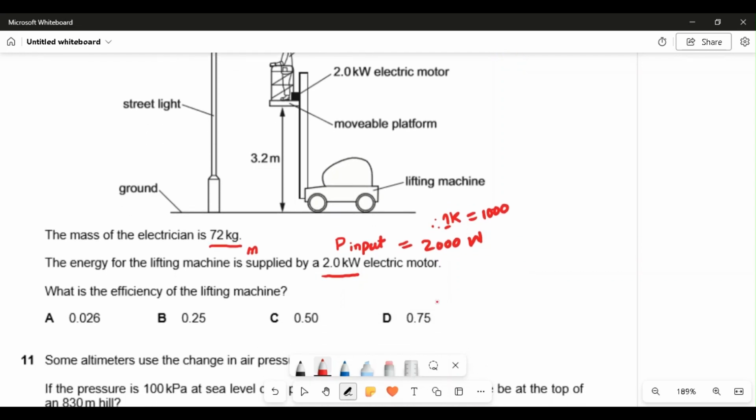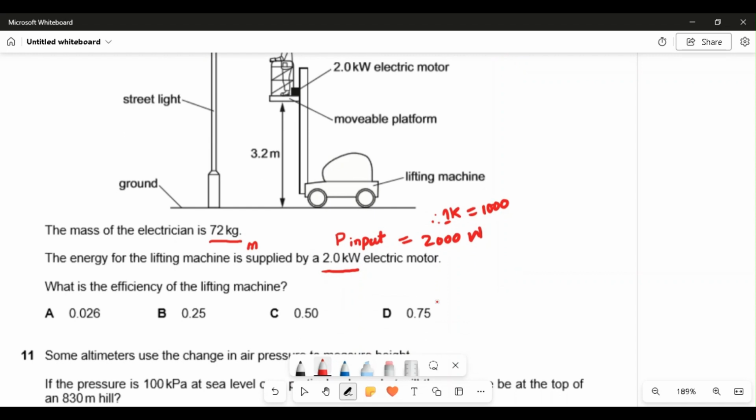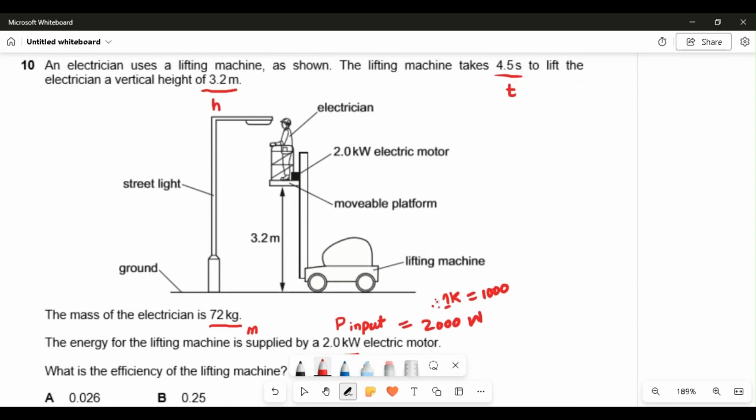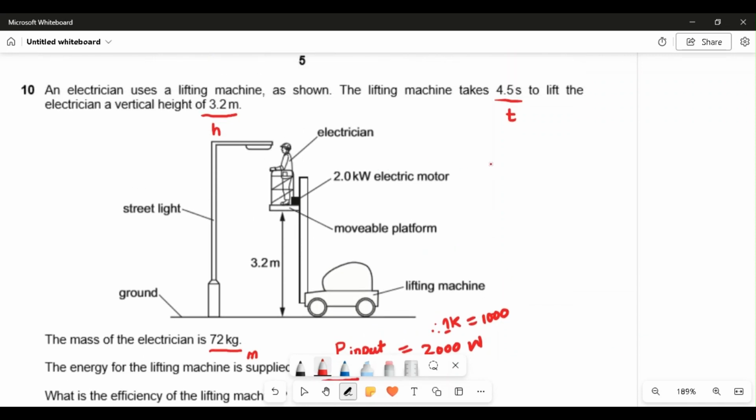Now the question says, what is the efficiency of the lifting machine? We have to remember that efficiency is always output power over input power. Input power is given.